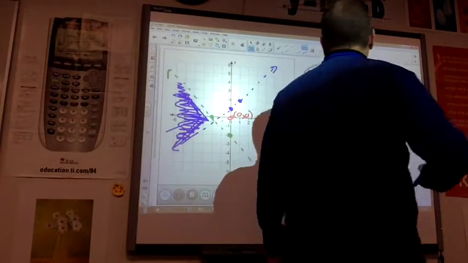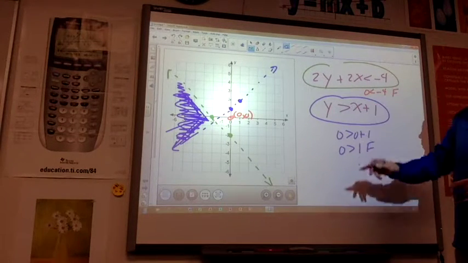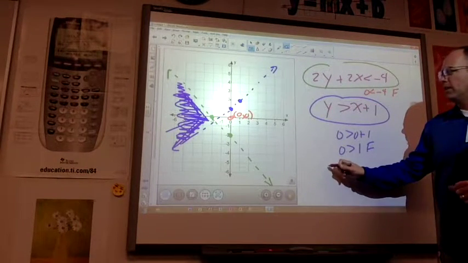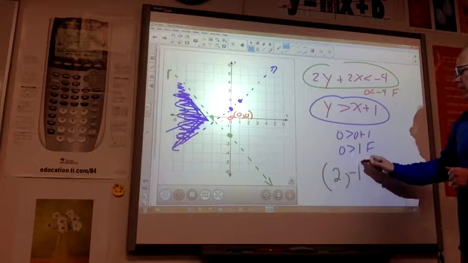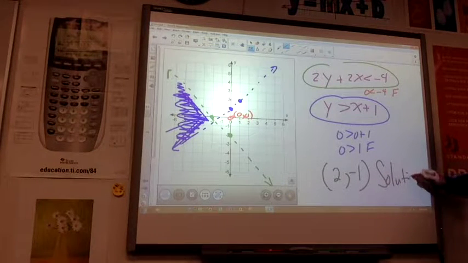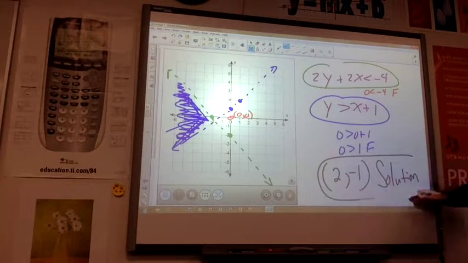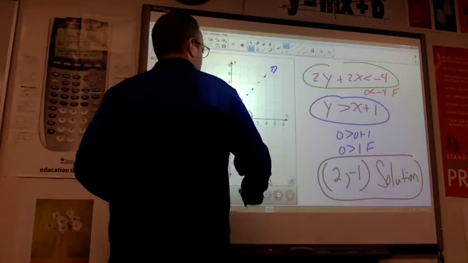One last question. Let me ask you all this. Let's say you had a problem that was already told to you, and then they said to you something like this. Is 2 comma negative 1 a solution? No. We can look at our graph and see that 2 comma negative 1 is not a solution because it's not in the shaded region.